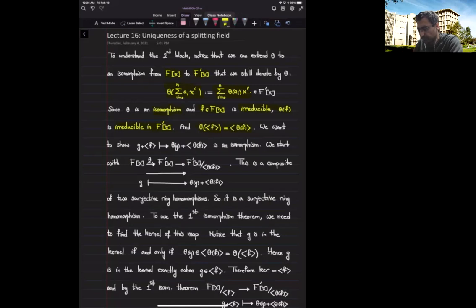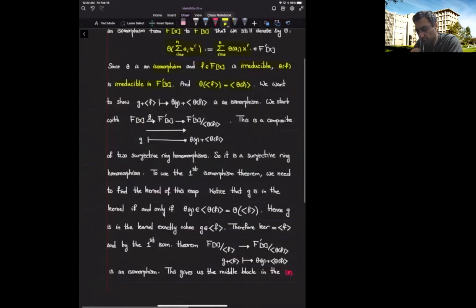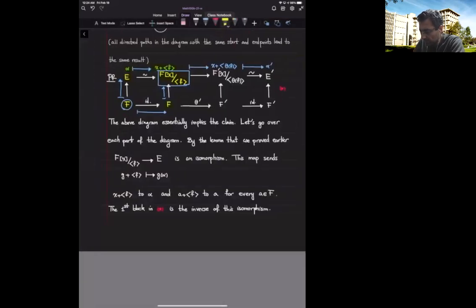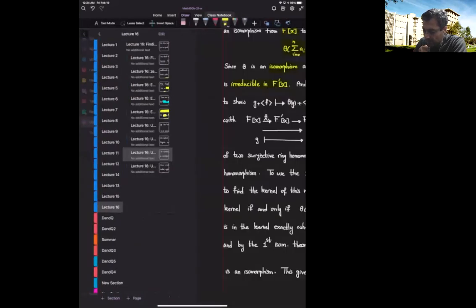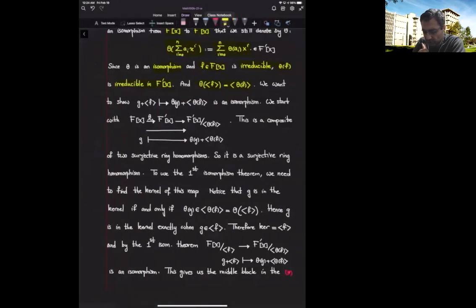Okay, so now what we want to show is that the middle map is an isomorphism. I did not describe here what the map is. The map is the following: when I give you a coset that's represented by G in the first quotient, I send it to the coset that's represented by theta of G in the second quotient.